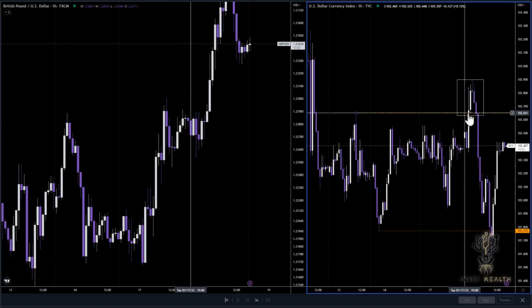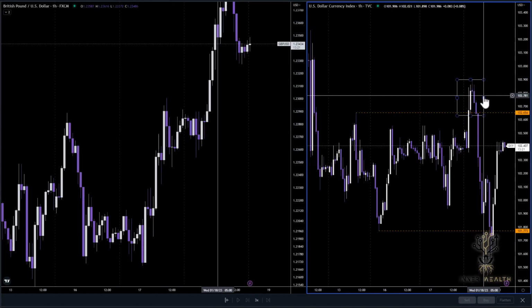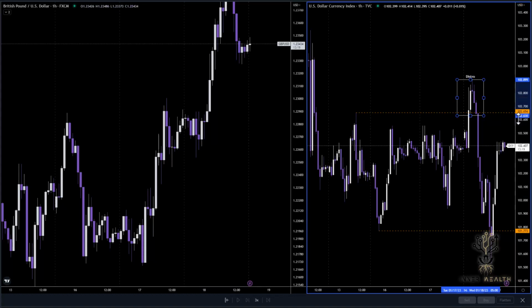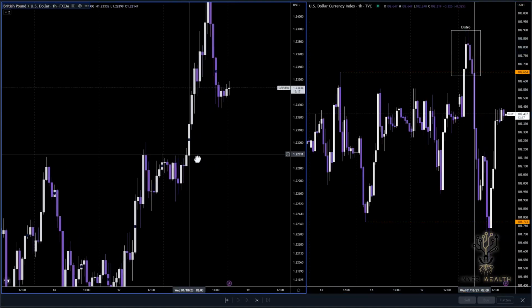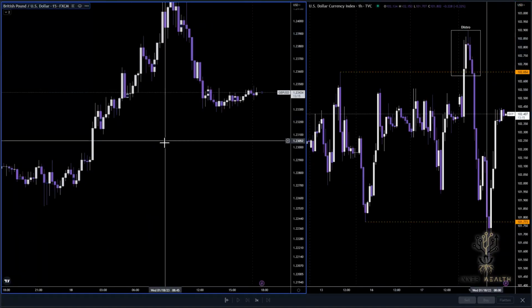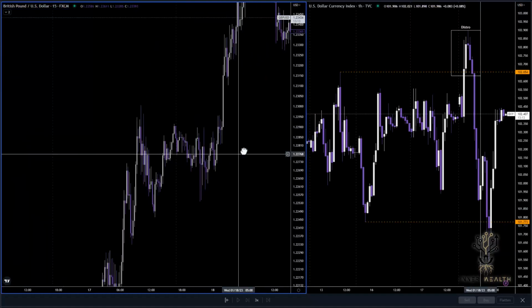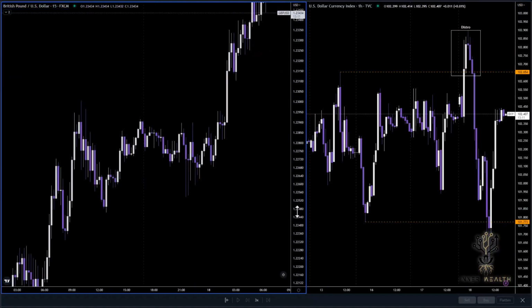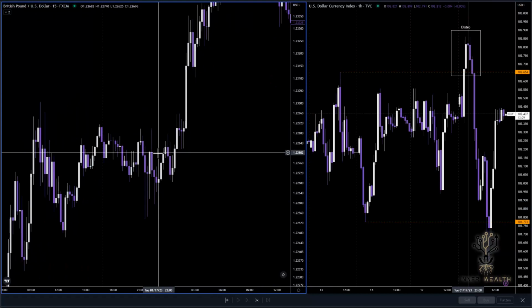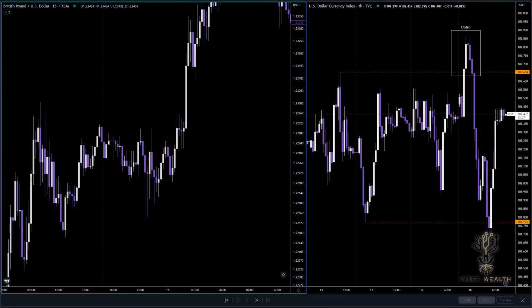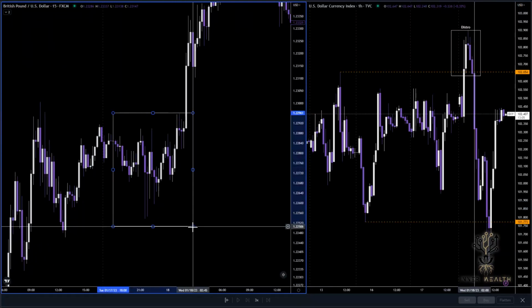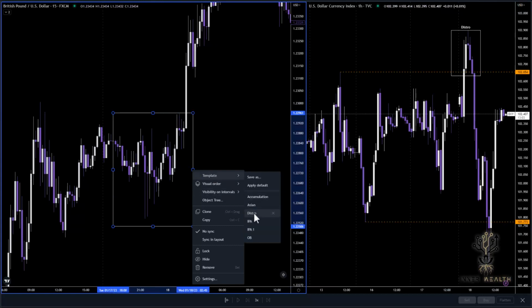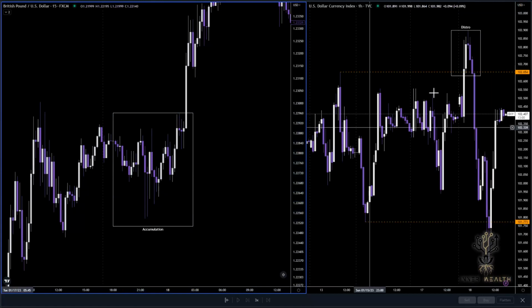And it was confirmed with this distribution here on the dollar, right? And the same accumulation that you see on the dollar, you see that same accumulation take place on GU.